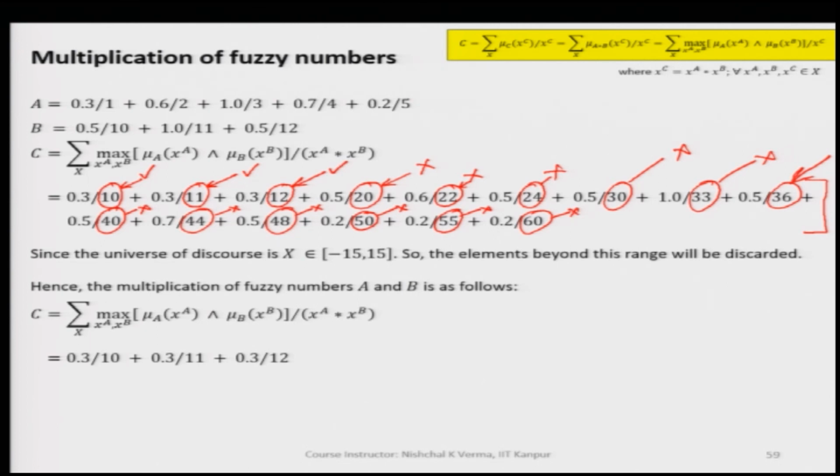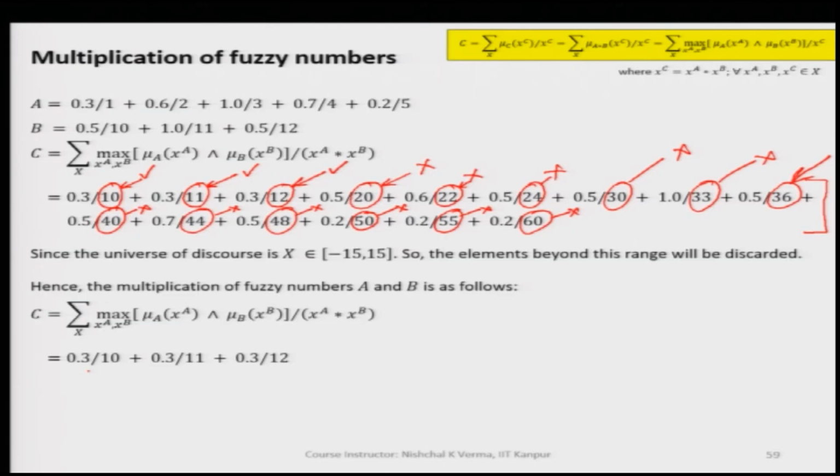So, we now know that only 10, 11, 12 are the generic variable values that are part of the universe of discourse. So, we will take up only those terms which have generic variable values within the universe of discourse.